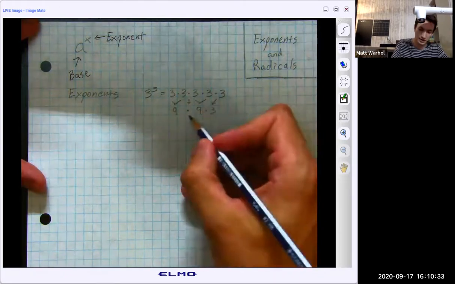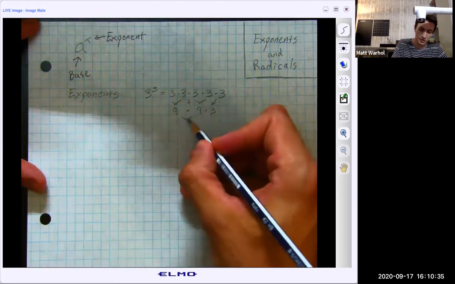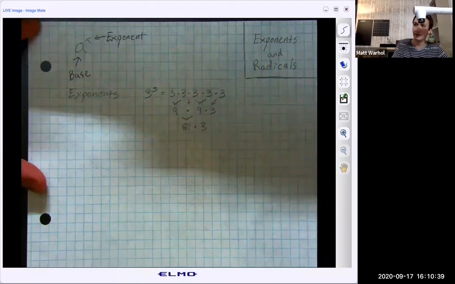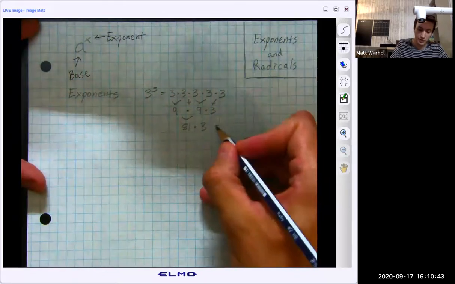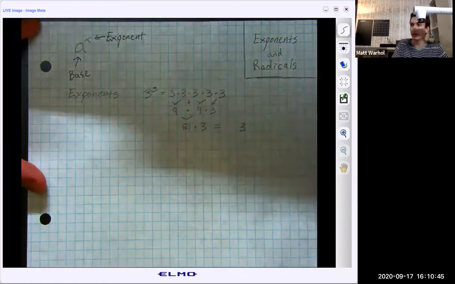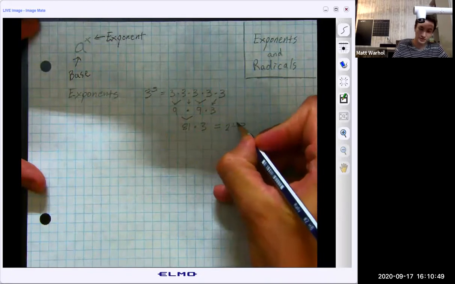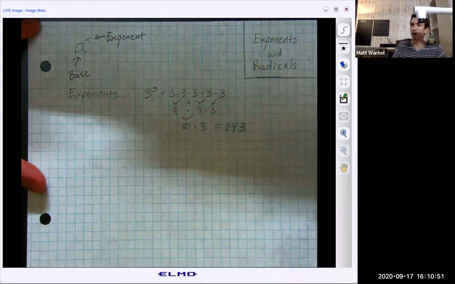Okay, 9 times 9 is 81. So all I need to do is 81 times 3. And I can do some mental math, or I can write it out. 1 times 3 is 3, and 8 times 3 is 24. So 243. That's what 3 to the power of 5 is equal to. It's not equal to 15, rather, it's equal to 243.